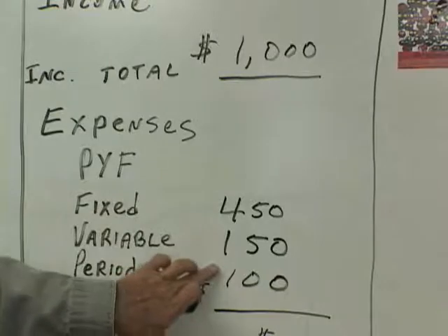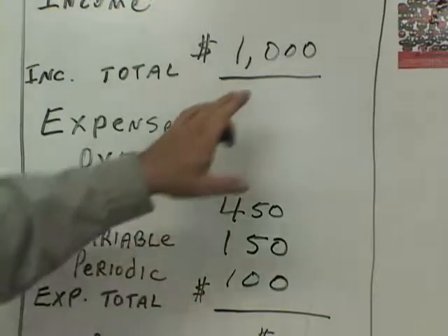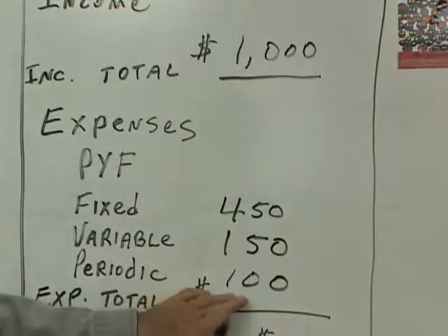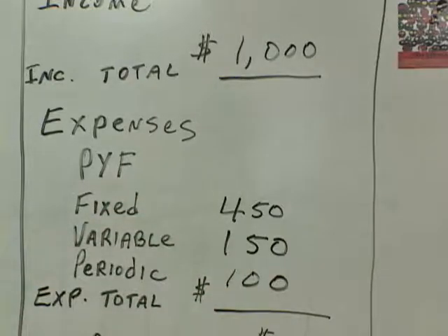Here we have $700 so far. Now, we know that if our income is $1,000 and our expenses so far are $700, starting out, we could estimate that we can potentially save $300 a month. So let's put our $300 savings into the PYF category.